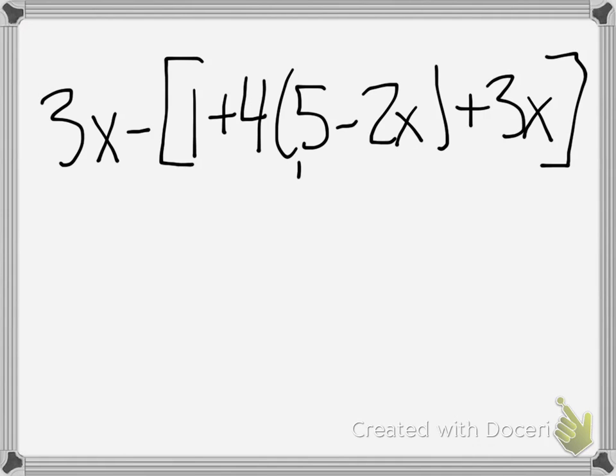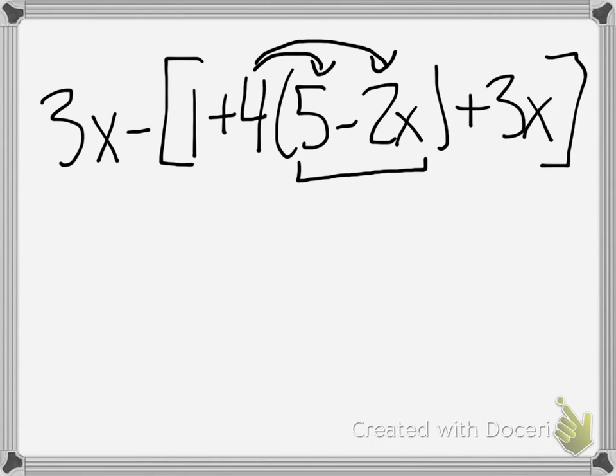So this part is in both these brackets and the parentheses. So I have to just start by resolving what's going on with that. The first thing that's going on there is it's multiplied by this 4. So I need to distribute this 4 onto each of these pieces.